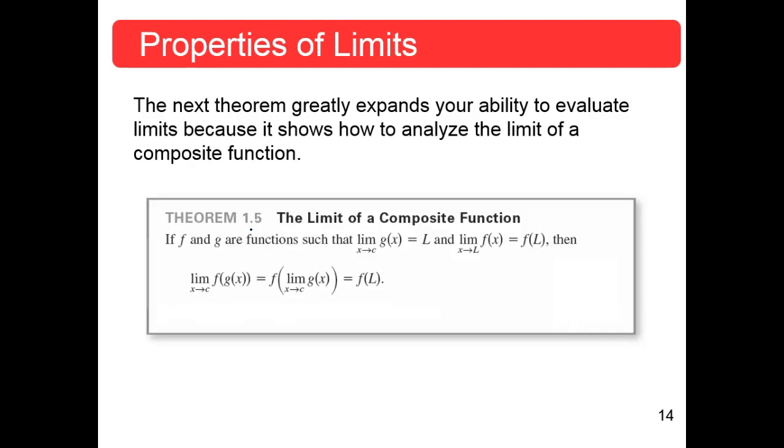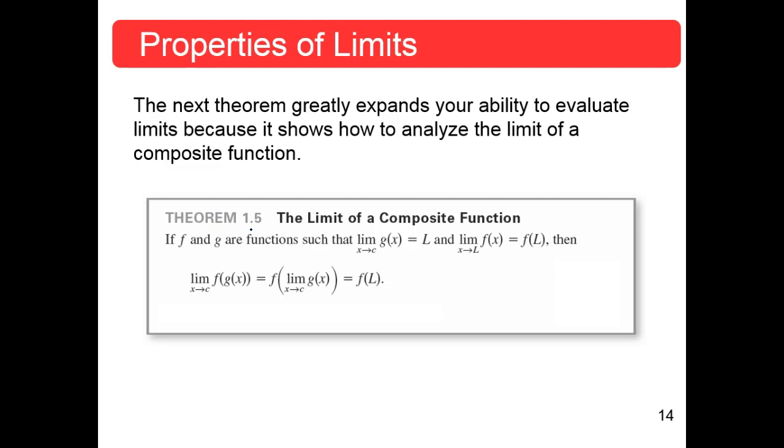This next theorem greatly expands your ability to evaluate limits because it shows how to analyze the limit of a composite function. Y'all remember what composite functions were? f of g of x, that type of thing. The argument of the first function is not a number, but is another function.